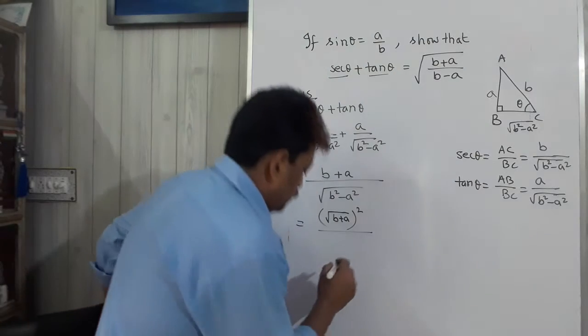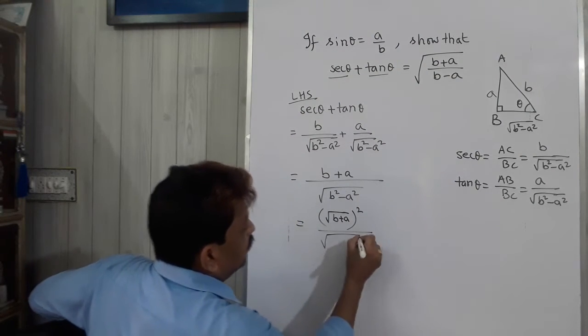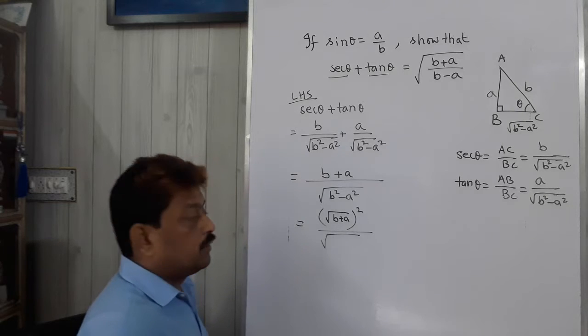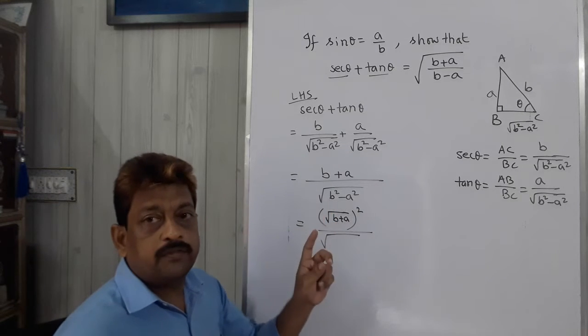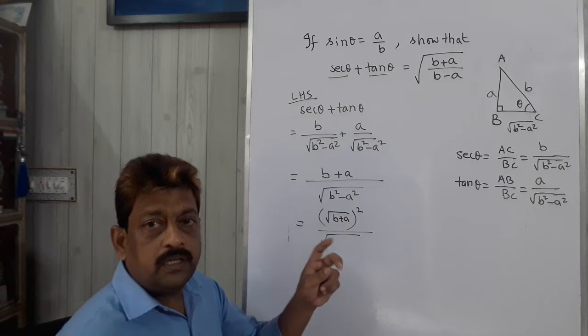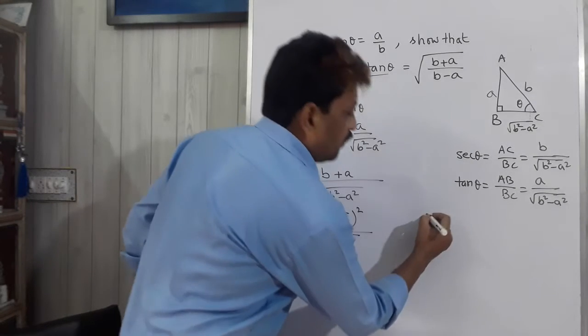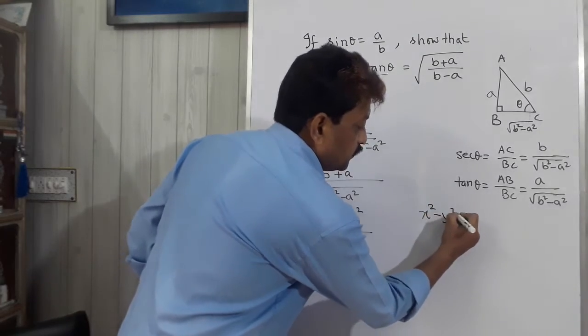So here inside the root it is b square minus a square. Now it is in the form of the identity x square minus y square.